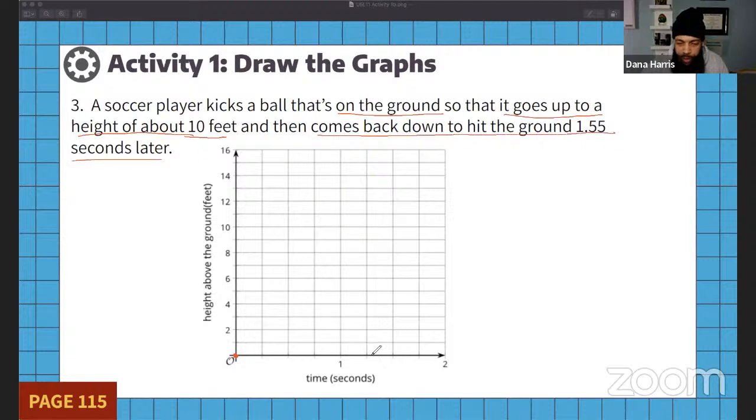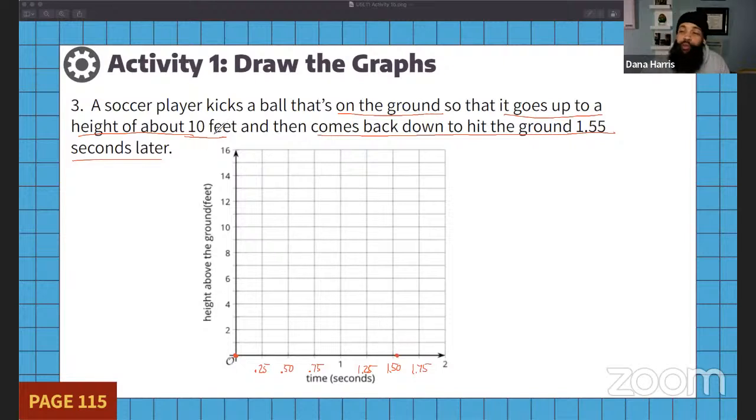So it's going to hit the ground again about right here, because remember, if this is 1, then this is 0.25, 0.50, 0.75, 1, 1.25, 1.5, 1.75, and then 2. So this is where the graph hits the ground.